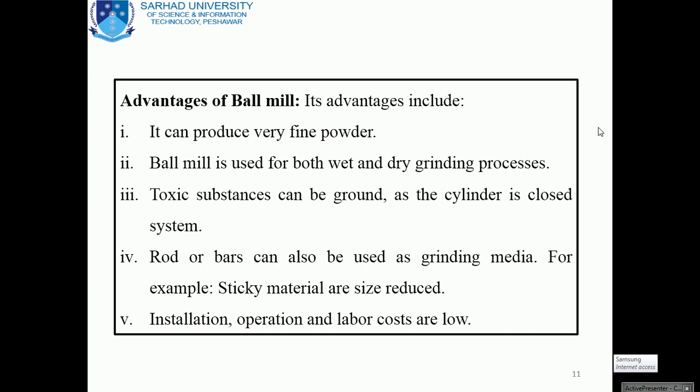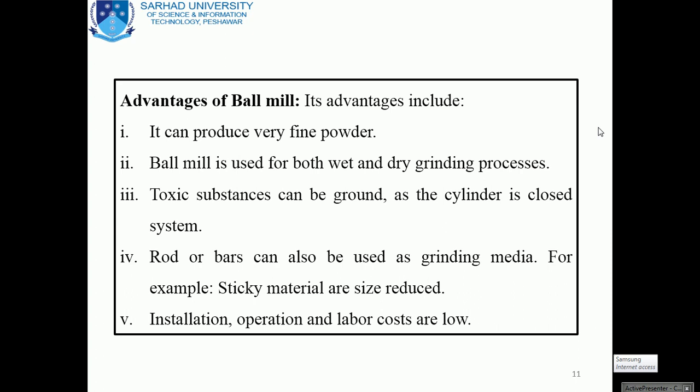We would prefer to process toxic substances using the ball mill because it is safe to use and the cylindrical shell is closed.